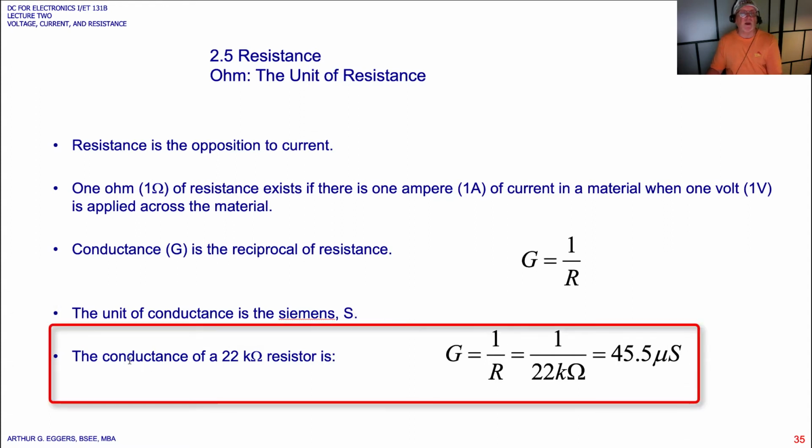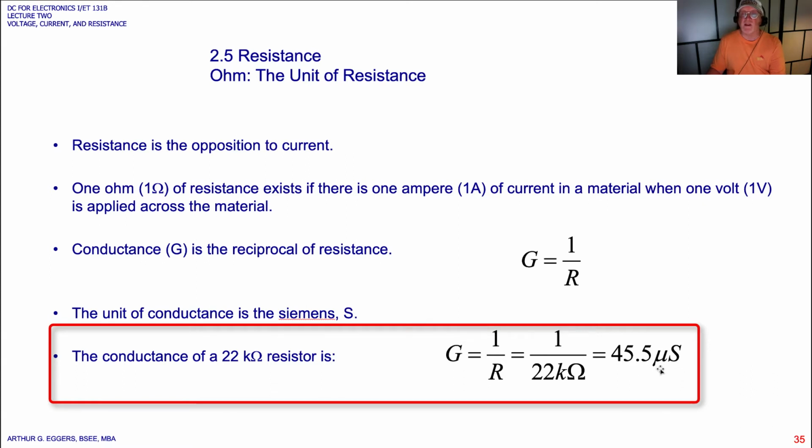So if we look at a quick example to determine the conductance, let's say, of a 22 K ohm resistor. We're going to get used to using that shortcut, 22 times 1,000 ohms, and we want to know how much conductance it is. Well, we put it in the denominator, we invert it or divide it into 1, and we get 45.5 microsiemens.